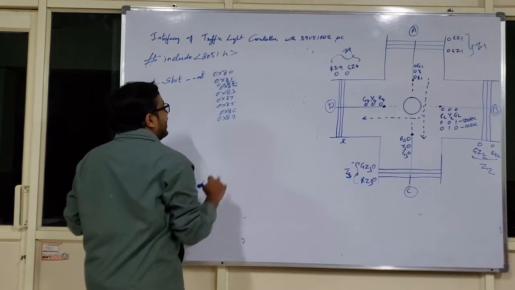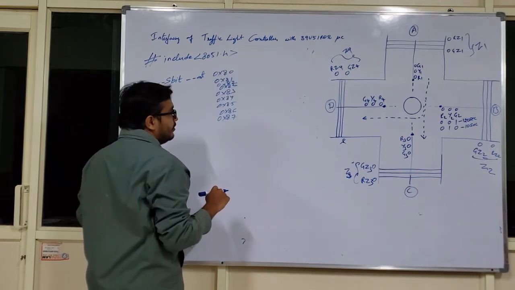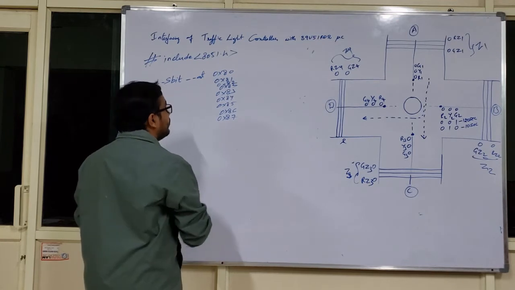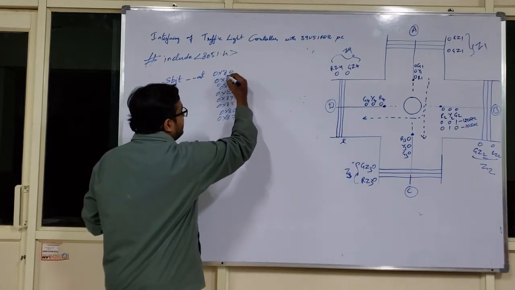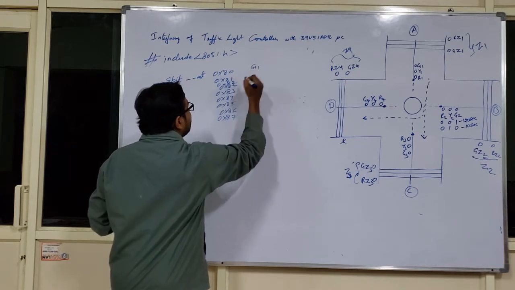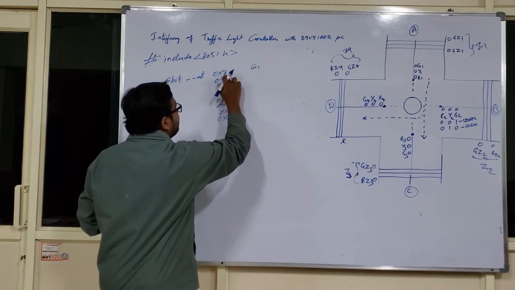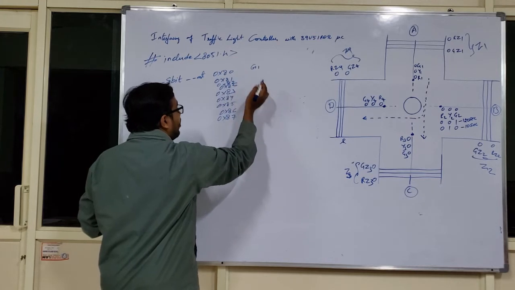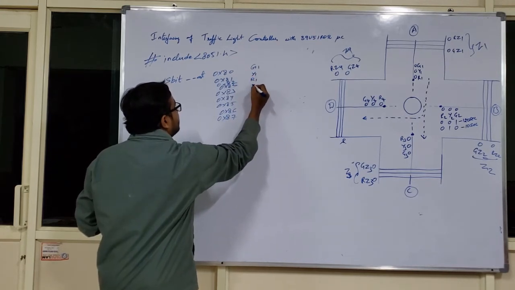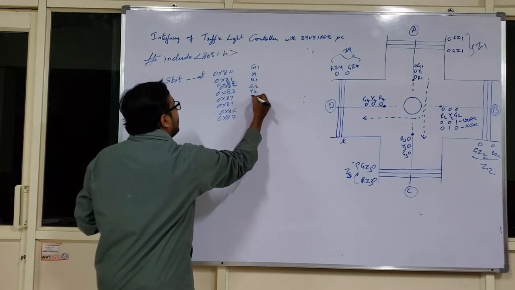For each and every address location of port 0, I am going to use a variable to indicate the particular address location. Like I have used here G1 to indicate the address location of 0x80 or P0.0. G1, Y1, R1. This is G2, Y2, R2.